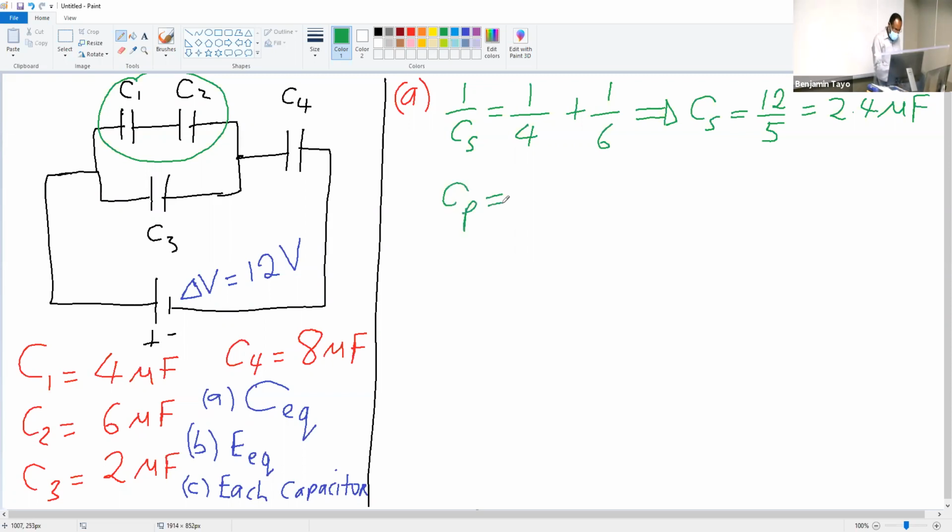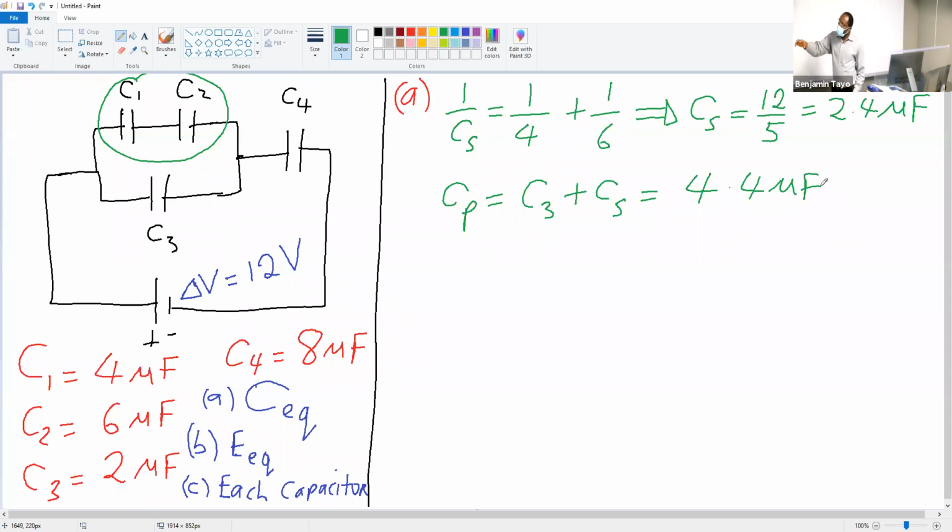We take C3 and C series. C3 is equal to 2, so this should be 4.4.